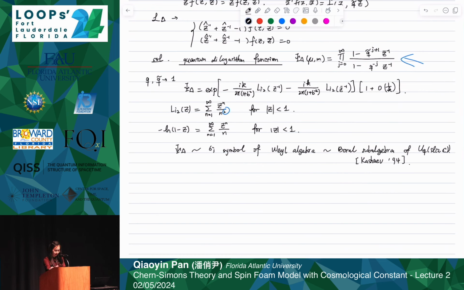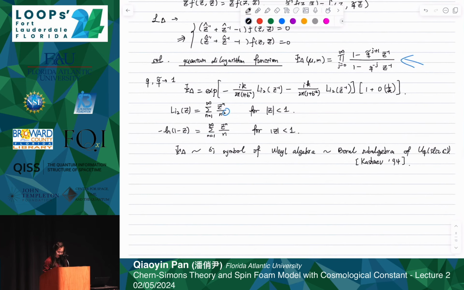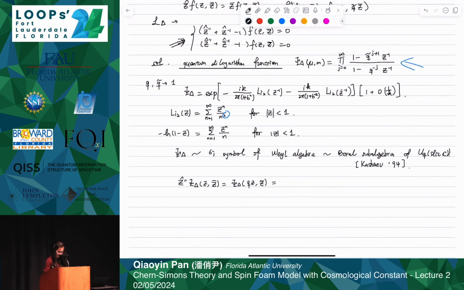And this is just what we wrote here, because I've told you that z double hat acts on the function. It just multiplies the variable in the function by q. And because of this equation, I know that it must equal 1 minus z to the inverse times the function.